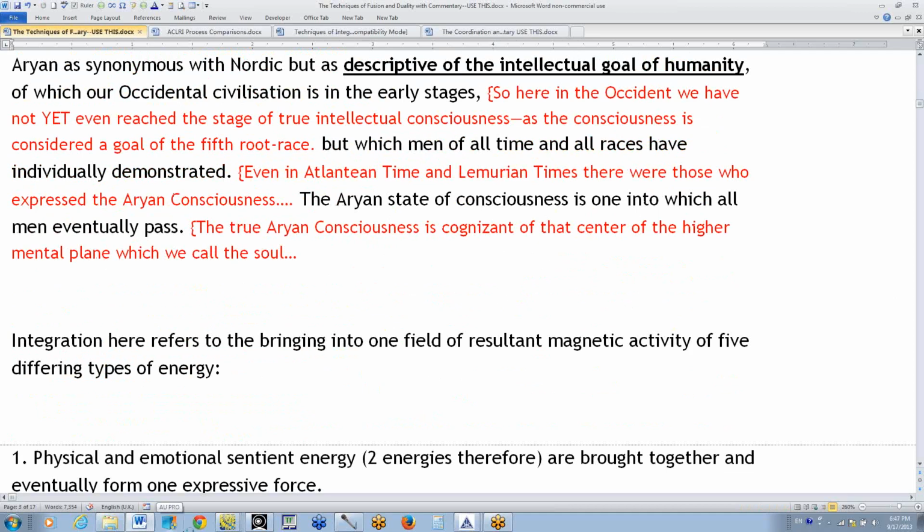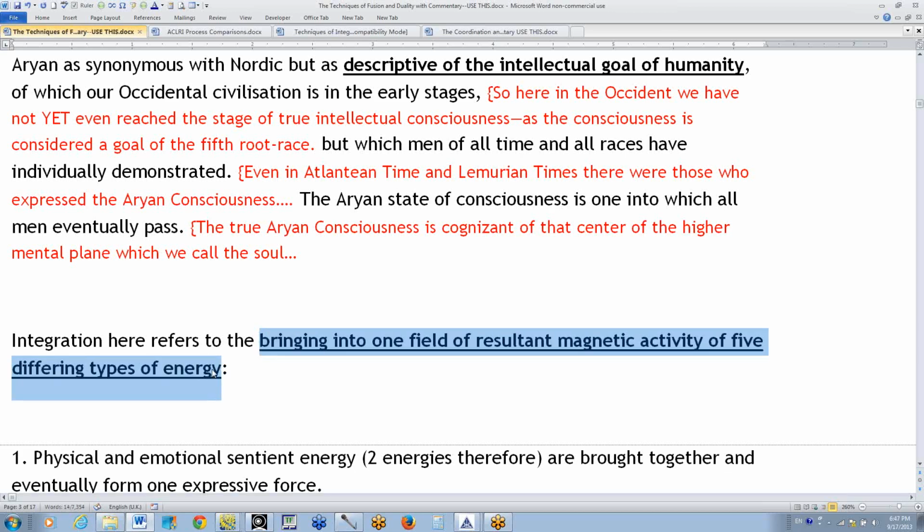So integration here refers to the bringing into one field of resultant magnetic activity of 5 differing types of energy. This is such a good way of expressing it. Bringing into one field of resultant magnetic interplaying energy and magnetic activity, 5 different types of energy.